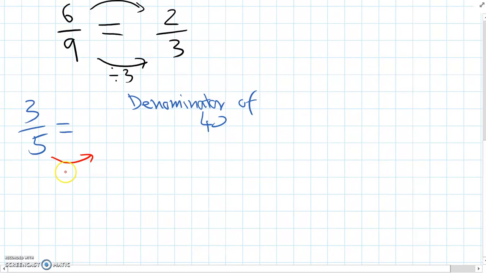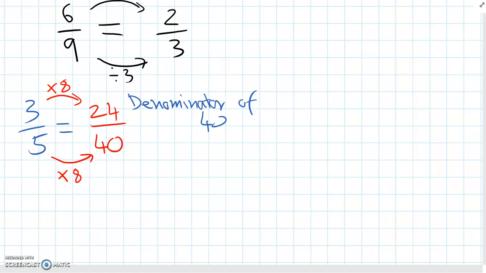And we know that 5 times 8 is 40. And what we do to one, we do to the other. So if we multiply by 8 to the denominator, we multiply the top by 8 as well. 5 8s are 40, 3 times 8 is 24. So 3/5 is the same as 24/40. These are equivalent.